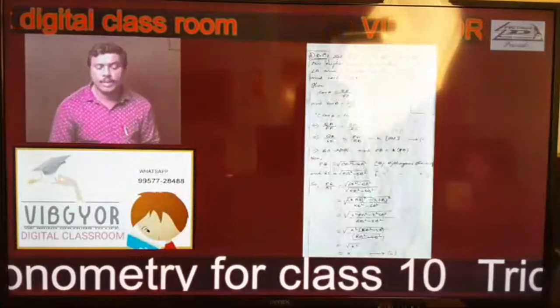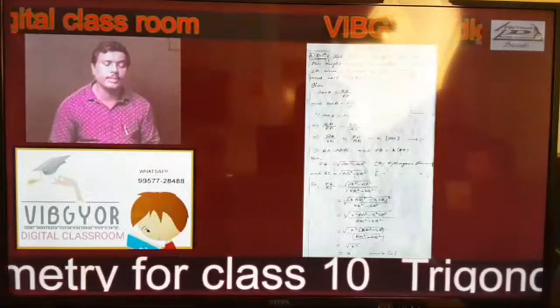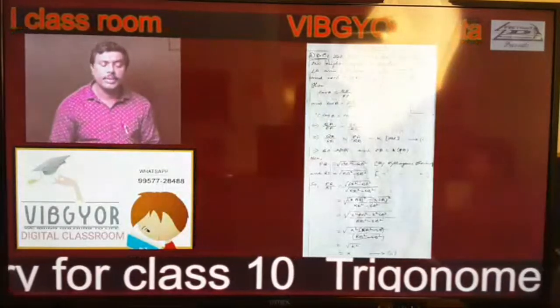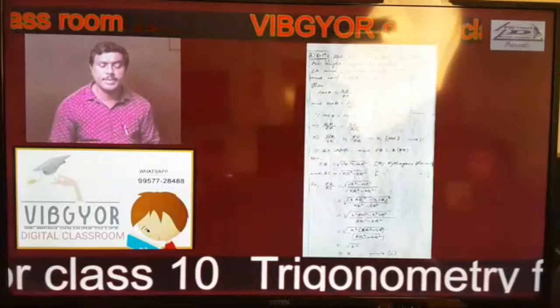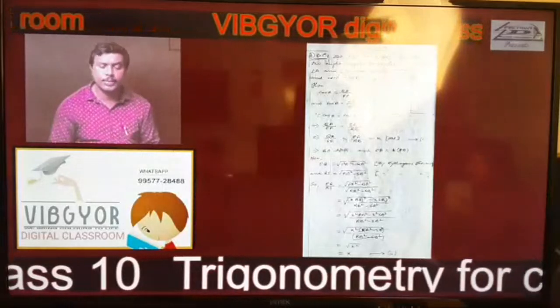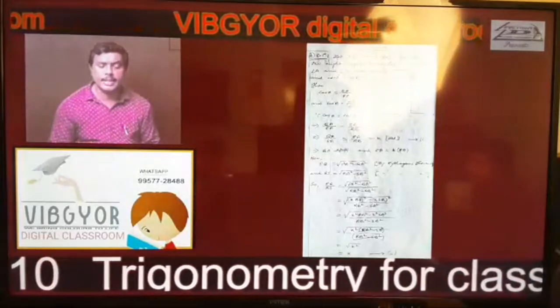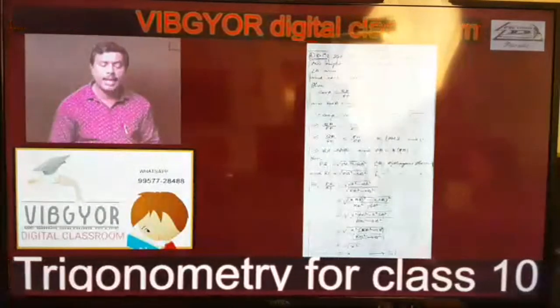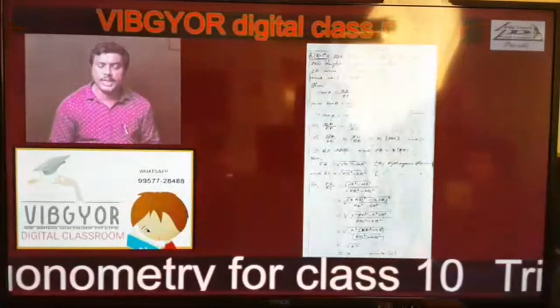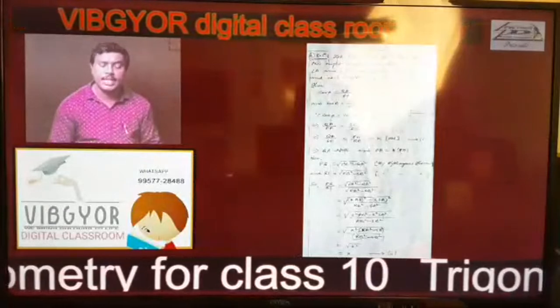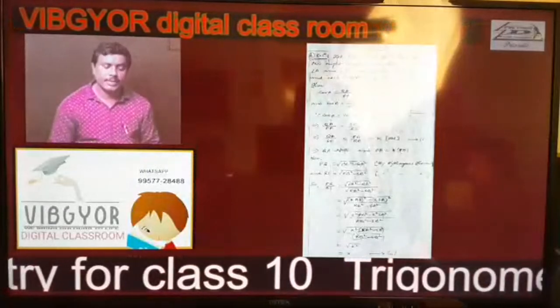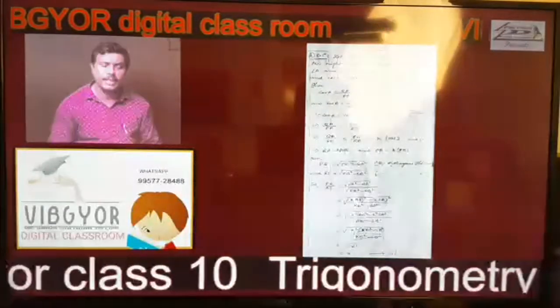of base and hypotenuse. So QA is the base and PA is the hypotenuse, and cos B is equal to SB by RB. Since cos A is equal to cos B, it is given in the question.